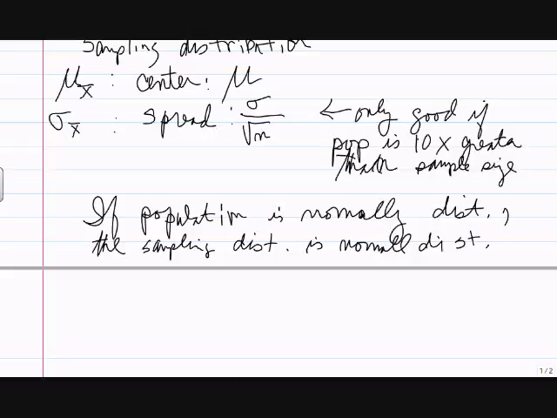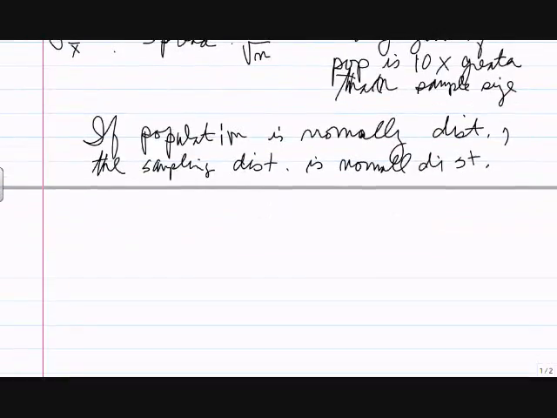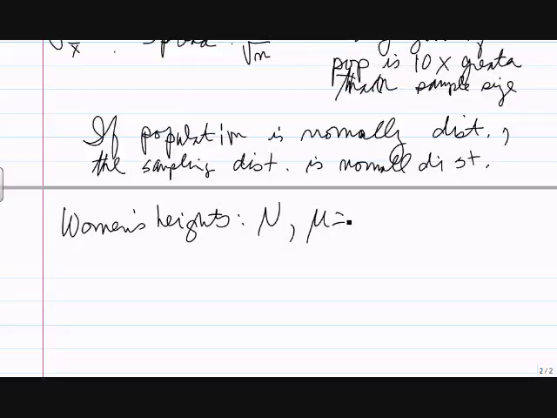Okay, so let's look again at the women's heights. They come from a normal distribution with a mean of 64.5 and a standard deviation of 2.5.